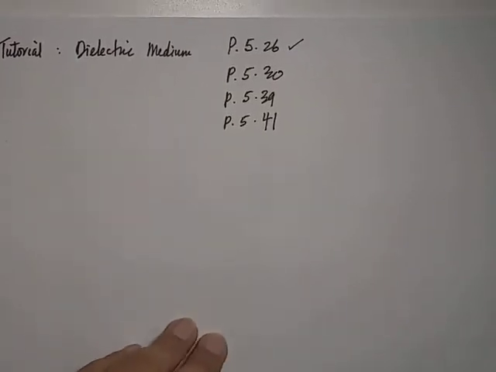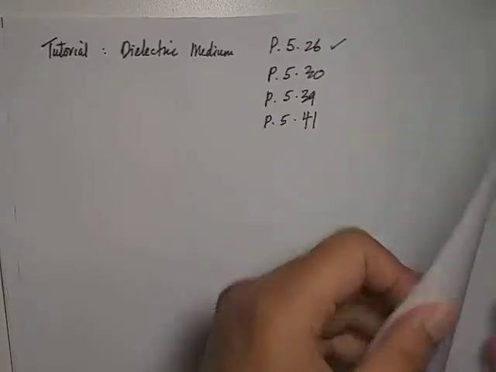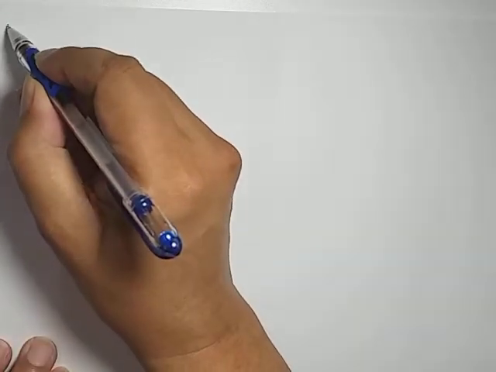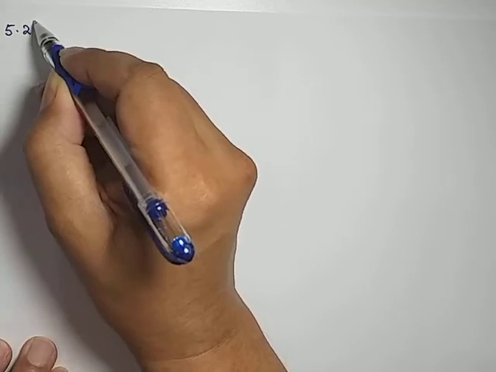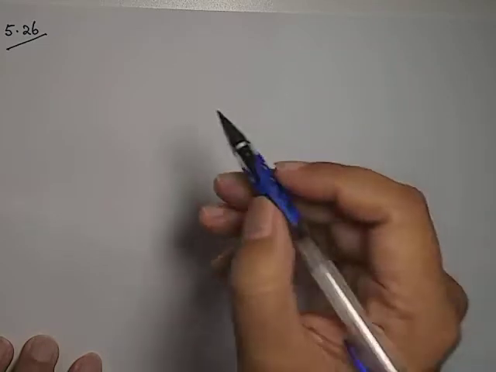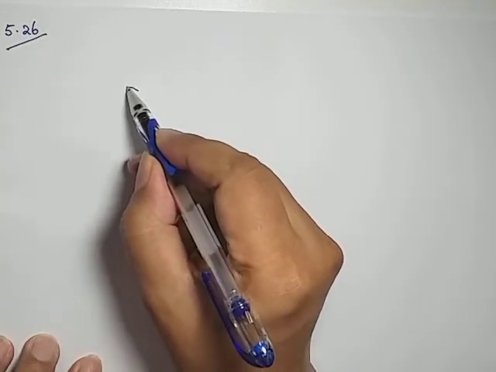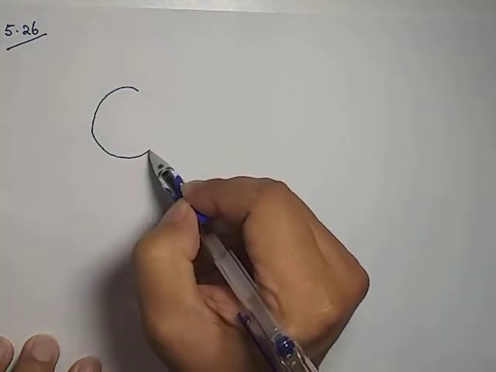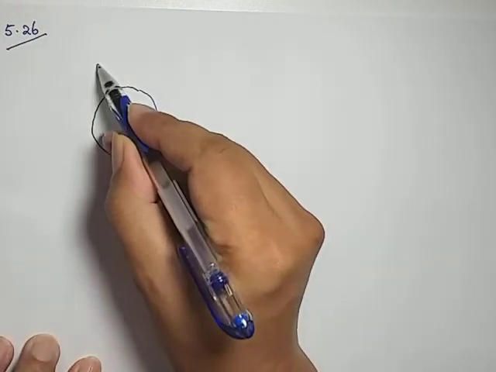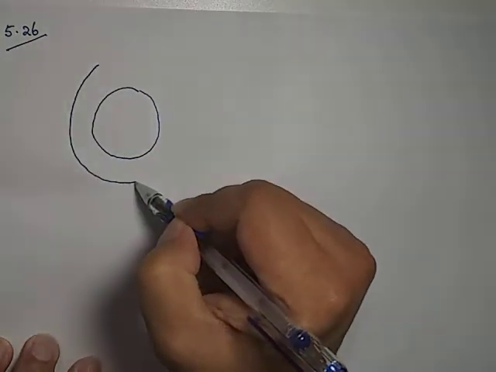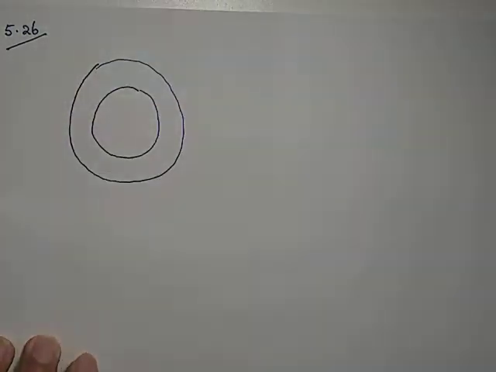Okay, so let's draw our problem now. Problem 5.26. What we have is a spherical shell. So I'm going to draw our shell. This is the inner surface of our shell. This is the outer surface of our shell.